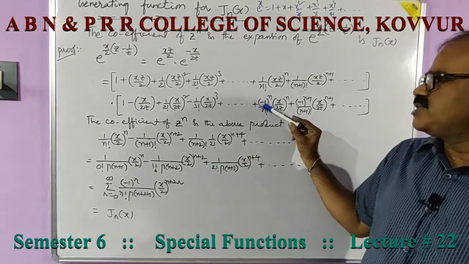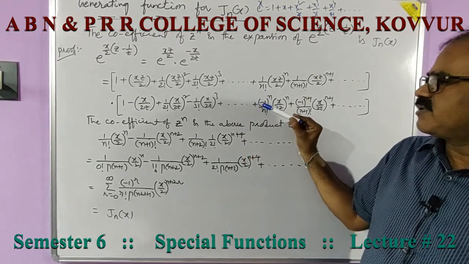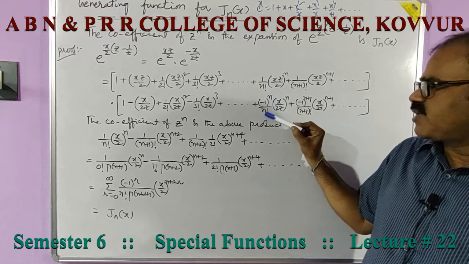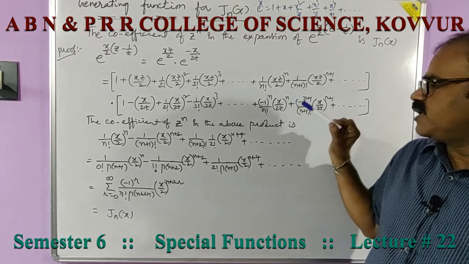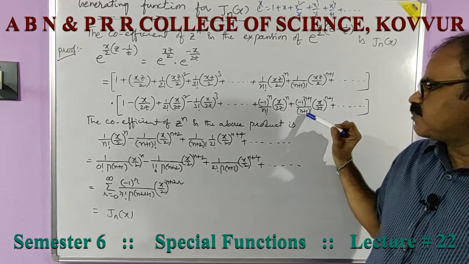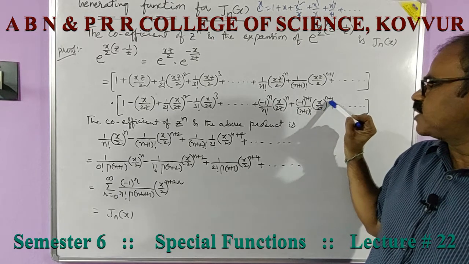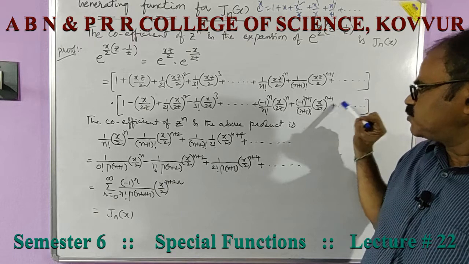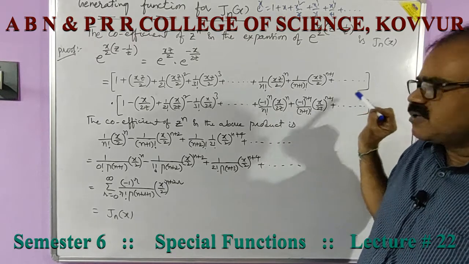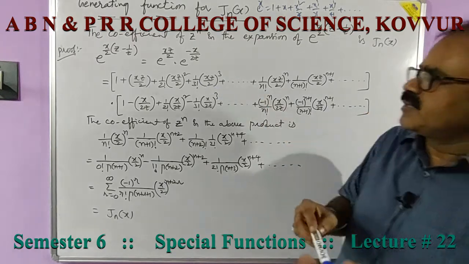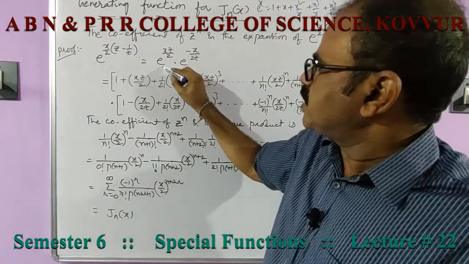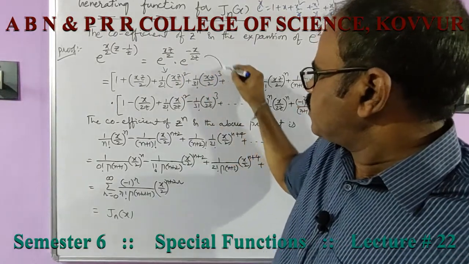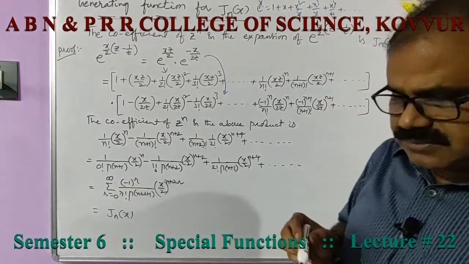So the nth term, we don't know the sign, therefore we have written minus 1 power n by n factorial into x by 2z power n, minus 1 power n plus 1 by n plus 1 factorial x by 2z power n plus 1, minus 1 power n plus 2 by n plus 2 factorial x by 2z power n plus 2, and so on. So the first one is the expansion of this one, and the second one is the expansion of this.